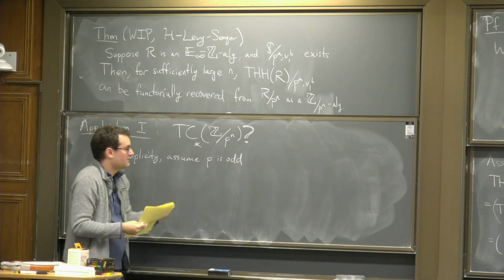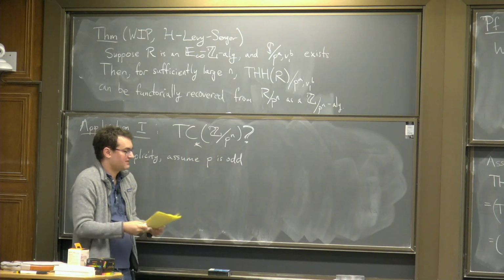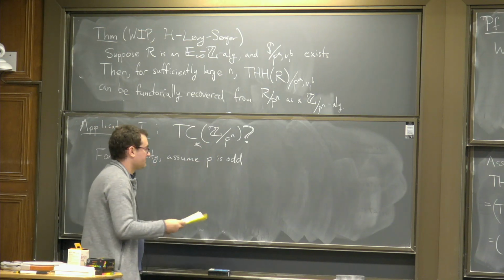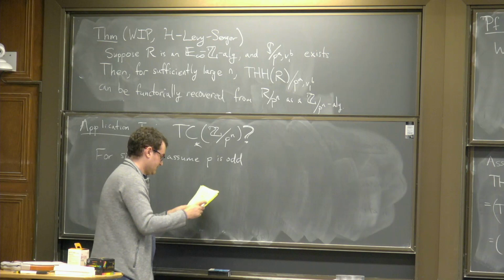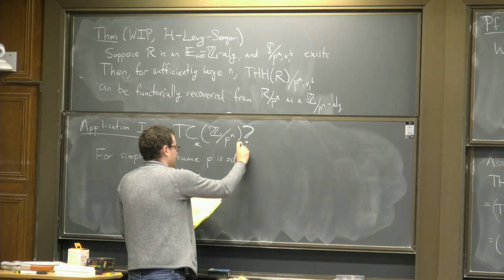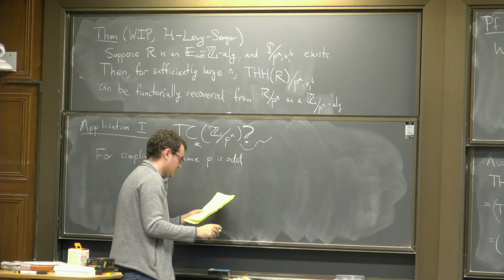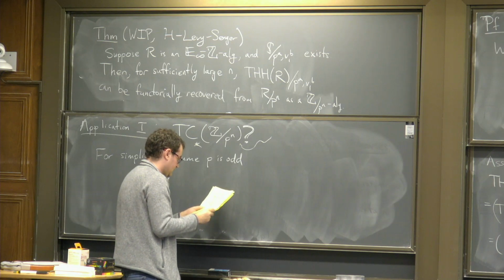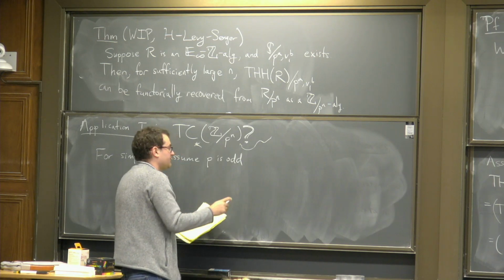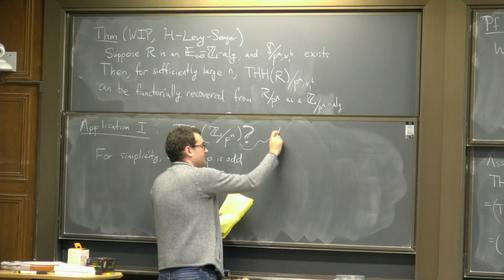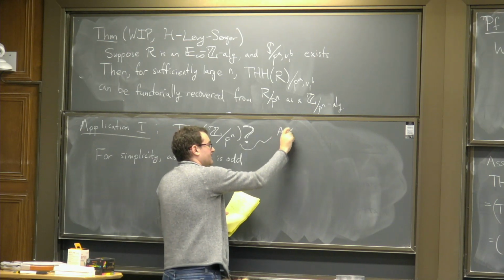So what is the status of knowledge of these groups? For a long time, they weren't very well understood at all, though there was partial progress by people like Angeltveit. Right, so there's this recent work of Antieau, Krause, and Nikolaus.